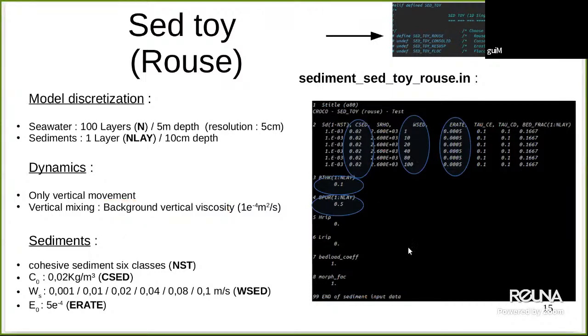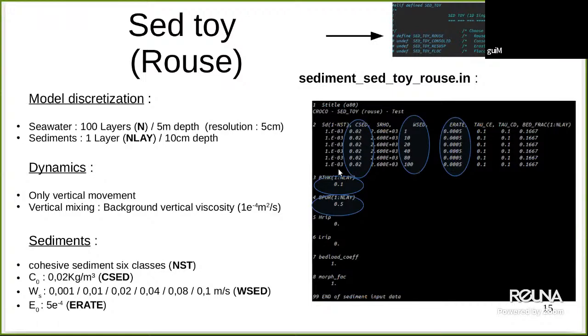So for the sediment corresponding to the file, we see that we are using cohesive sediment here, and we are using in the column here an initial concentration.